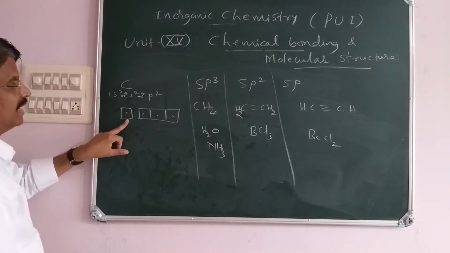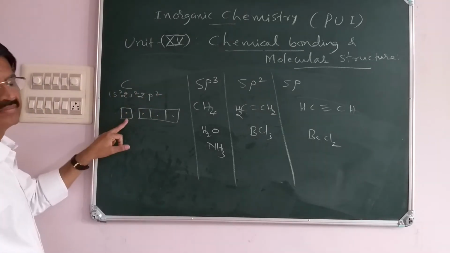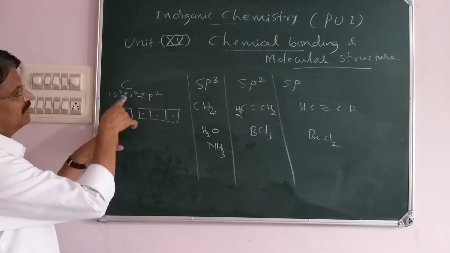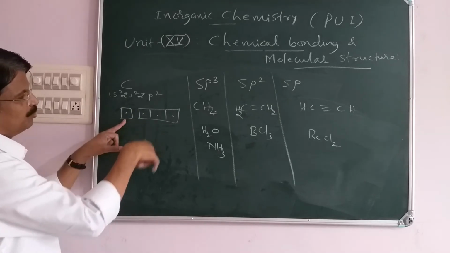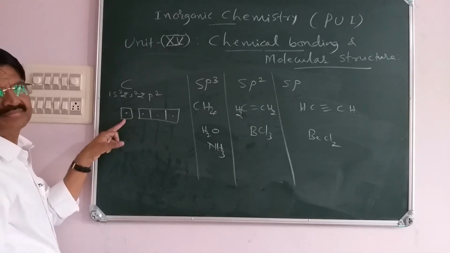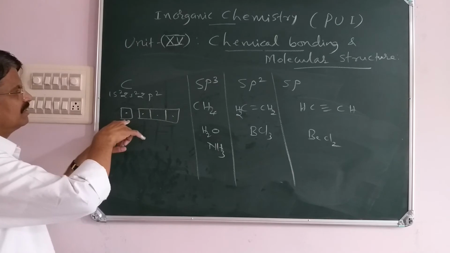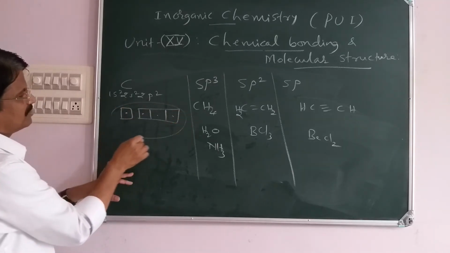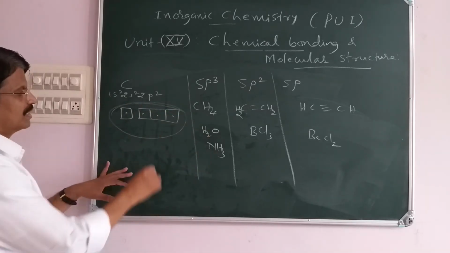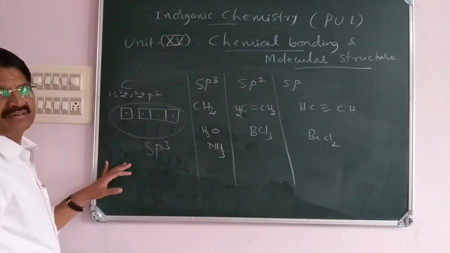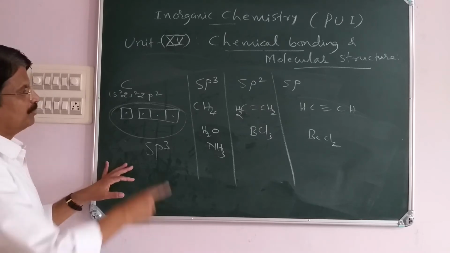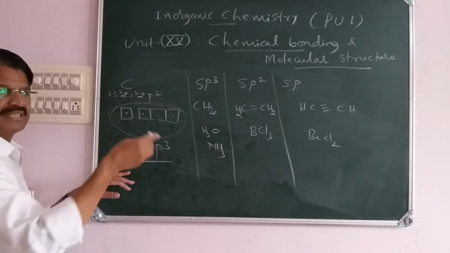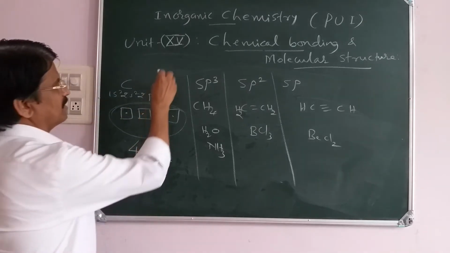When the electron jumps from 2s to 2p, we get 2s1, 2px1, 2py1, 2pz1. Therefore, one s orbital and 3 p orbitals combine. They can form sp3 hybrid orbitals. But how many? See, 1, 2, 3, 4. Four orbitals. Hence, 4 sp3 orbitals are formed. And all these we can write like this.